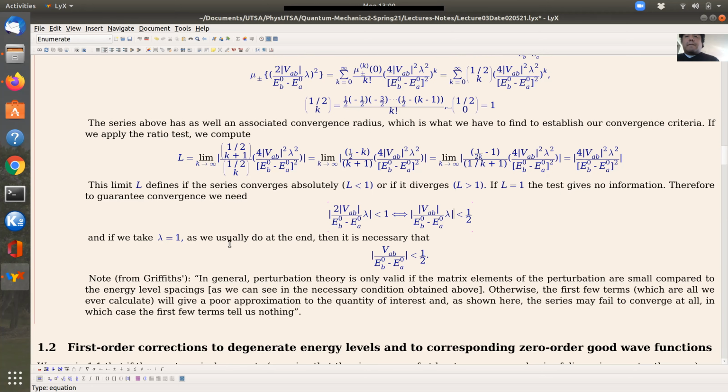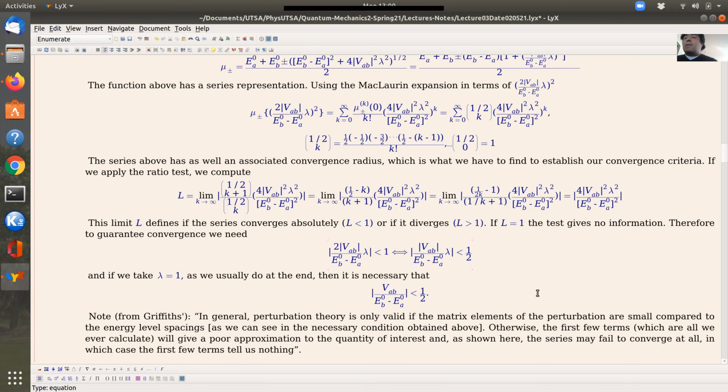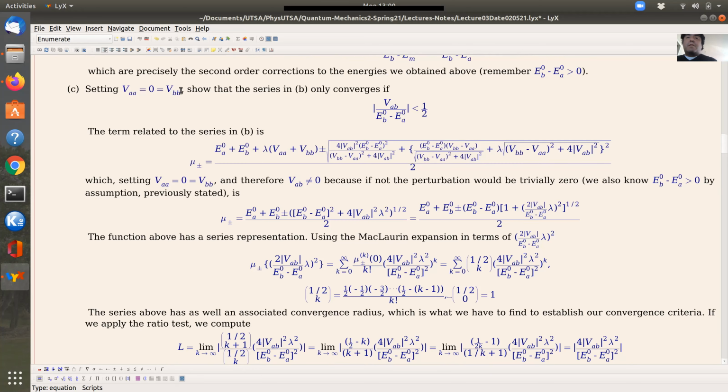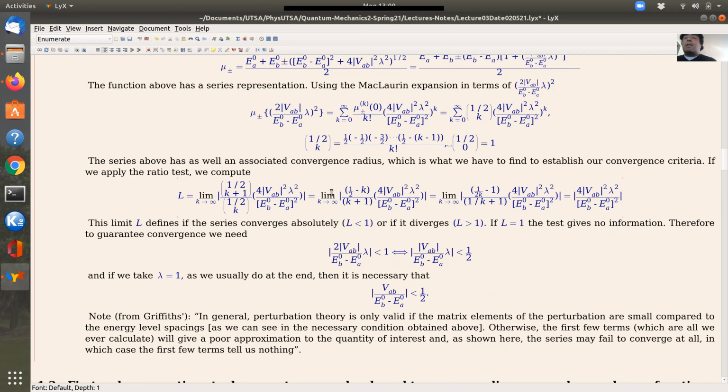There's a note from Griffiths indicating that in general, perturbation theory is only valid if the matrix elements of the perturbation are small compared to the energy level spacings. This is actually a good interpretation of this, right? Because this has units of energy. And of course, we had the assumption of BAA, BBB equal to 0, which are the diagonal elements.